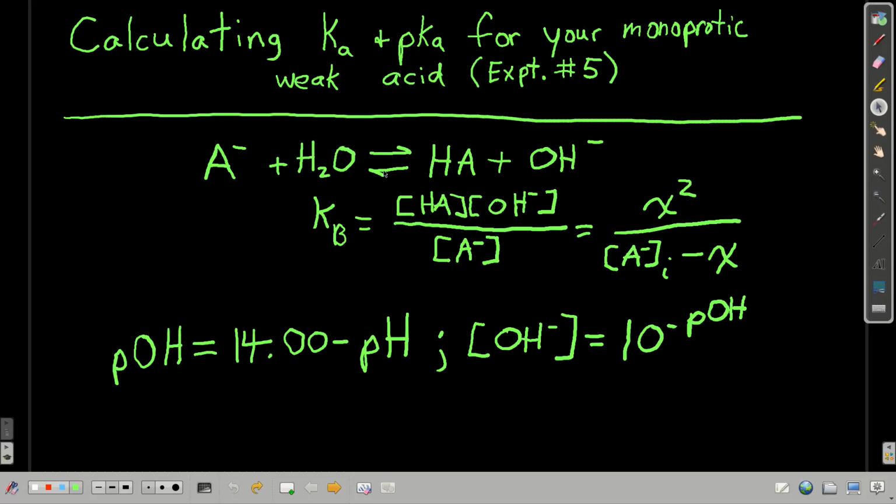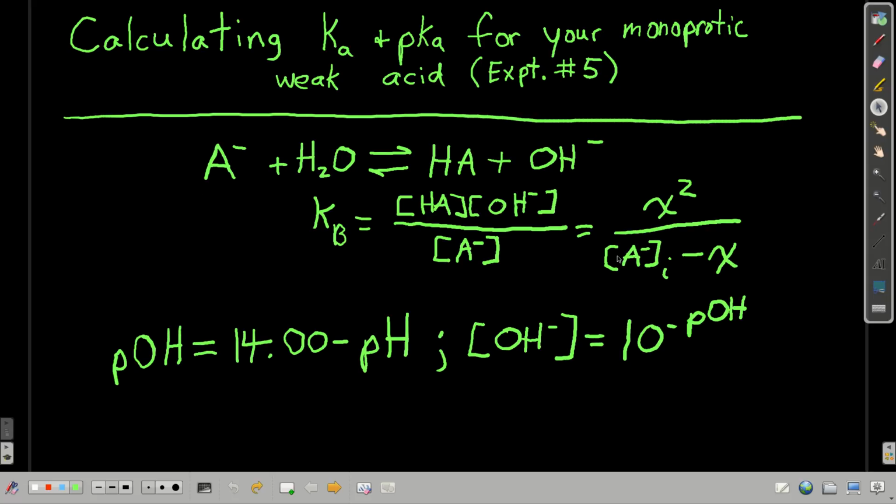Now, because in this equilibrium the concentration of the conjugate acid that's formed and hydroxide are the same, the Kb is just going to be x squared over the initial concentration of the weak base minus x.